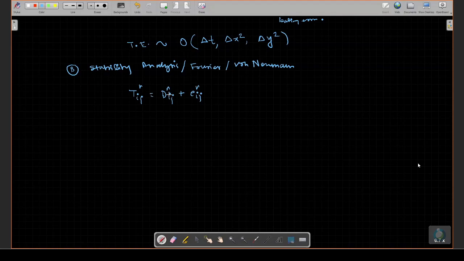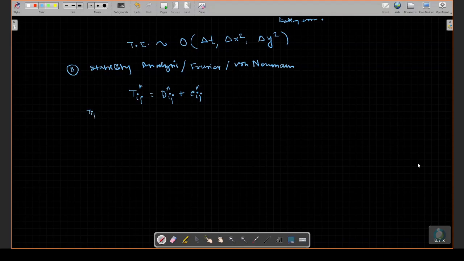So if you substitute this equation in the discretized equation number 1, we are going to get the error equation. So Tij and Dij both satisfy equation number 1. Hence error equation. Okay.